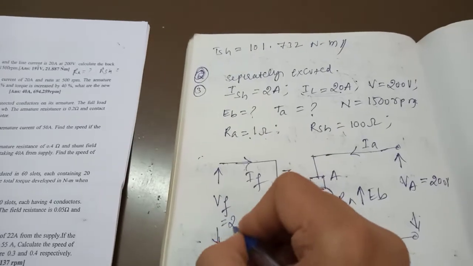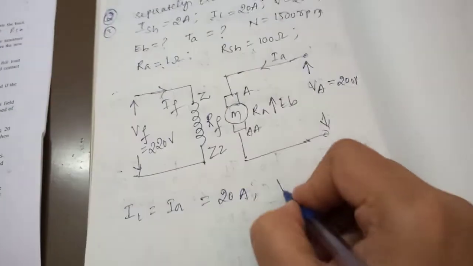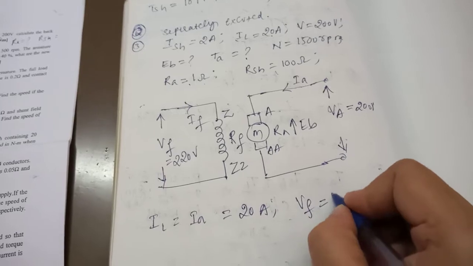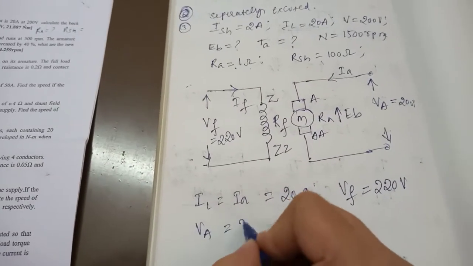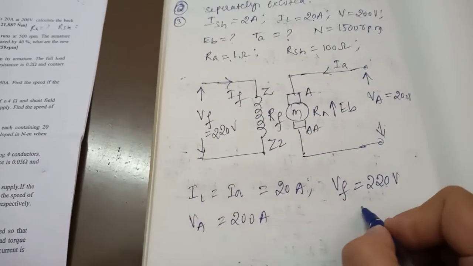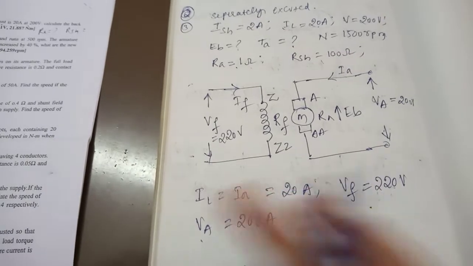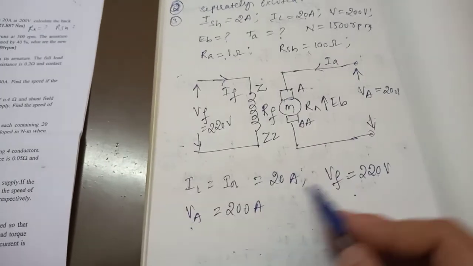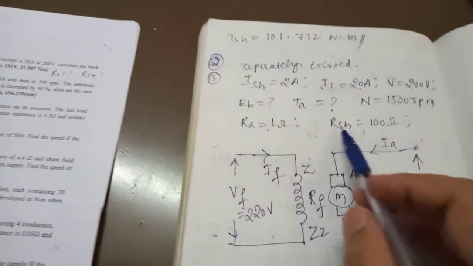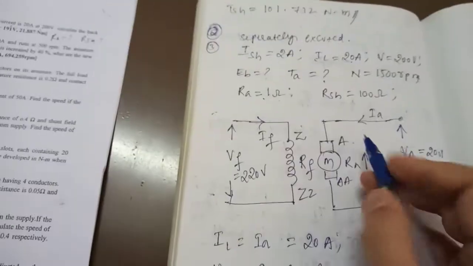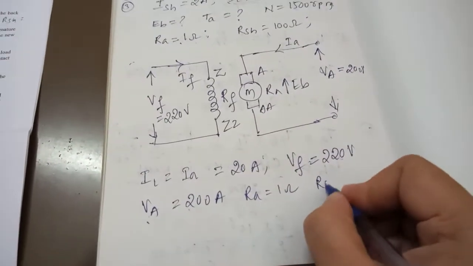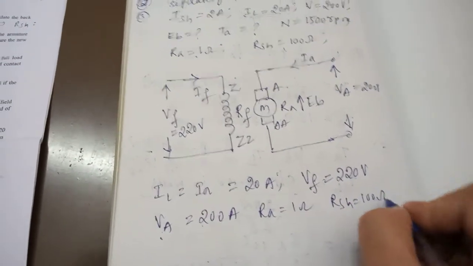Let me take the field voltage as 220 volts and Va as 200 volts. This is field voltage and this is armature voltage. It is separately excited, so both supplies will be separate. And also they have given Ra is equal to 1 ohm and RSH is equal to 100 ohm.